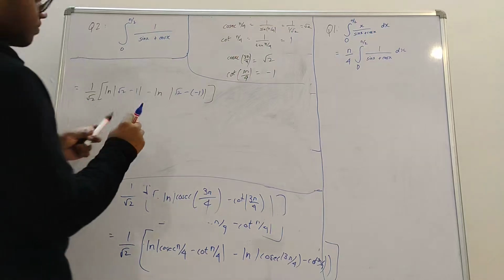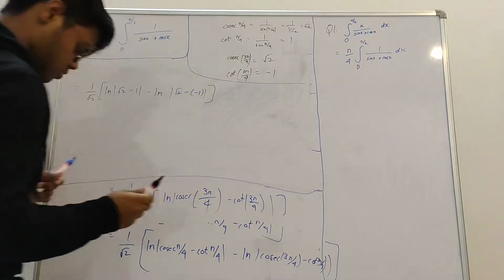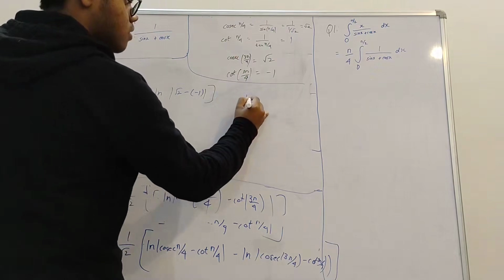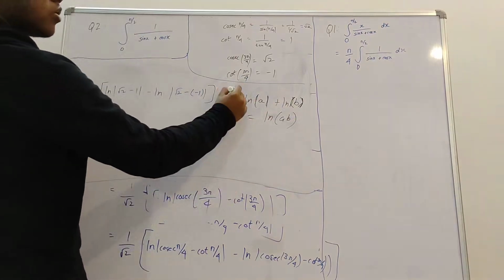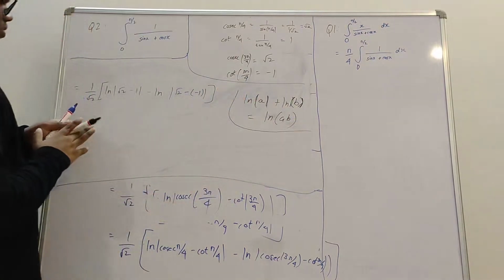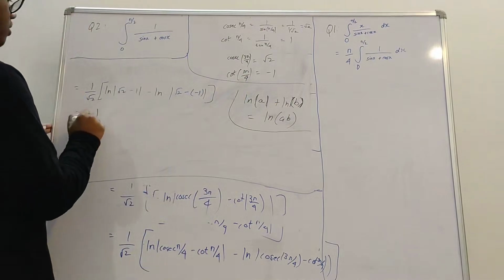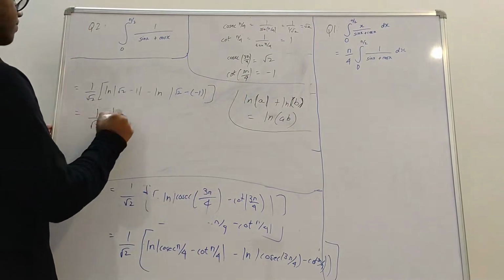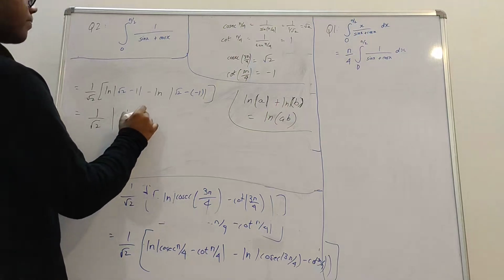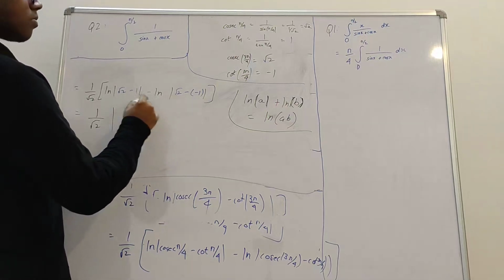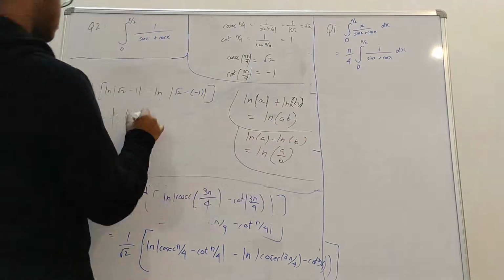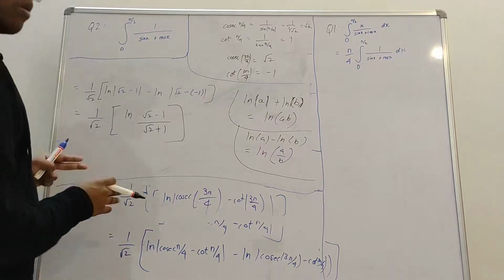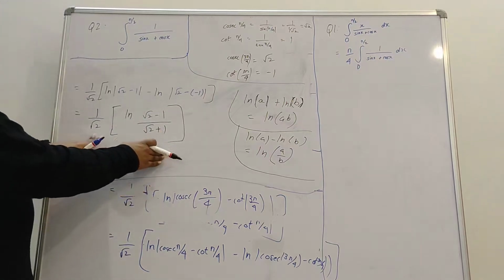So we're going to use this property to simplify this. So we get a negative here. And this is the answer for this.